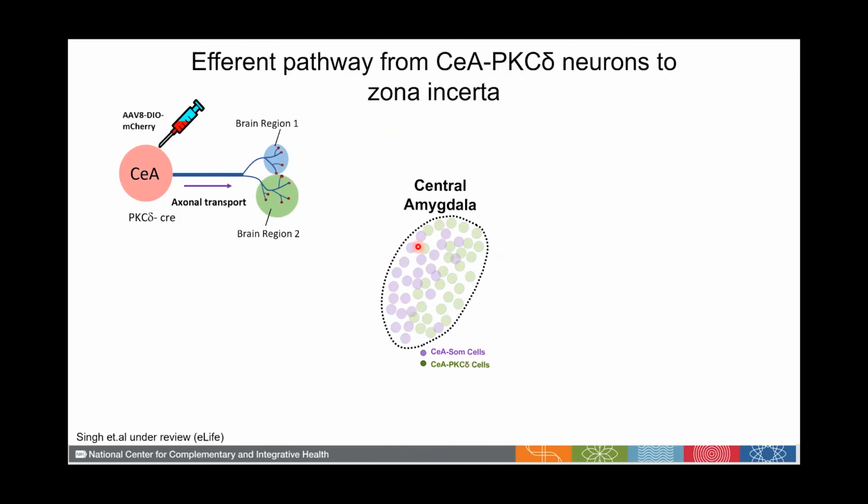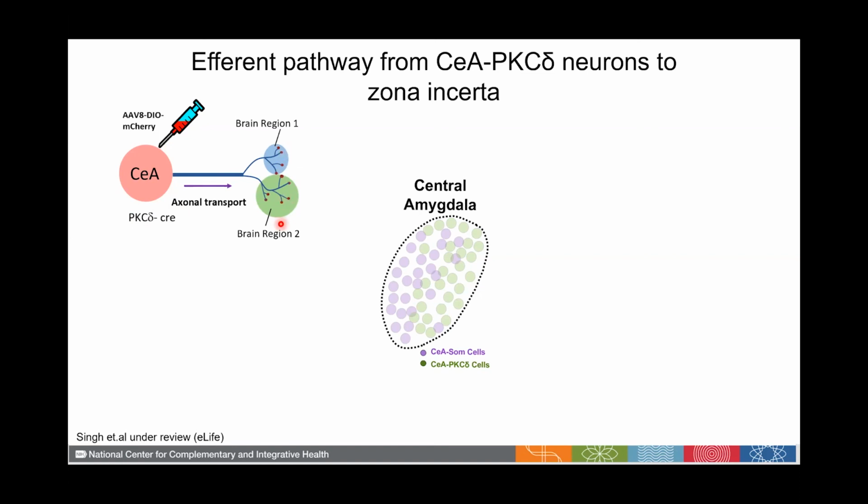In the first example, I'll show you studies that we did to look at the efferent pathways from the PKC delta neurons. To do that, we injected a Cre-dependent anterograde tracer in the central amygdala of PKC delta Cre animals. All the cells that express PKC delta will pick up the tracer, and it will be anterogradely transported everywhere in the brain.